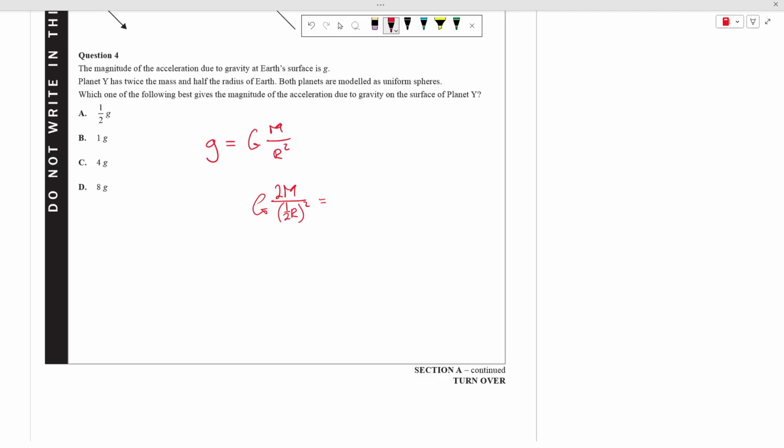Now expanding all this out, you get G times 2M over 1/4 r squared. 2 divided by 1/4 is how many quarters into 2? That would be 8 overall times GM over r squared. Now if this was the original field strength, then the new field strength is 8 times the original. So our answer there is D.